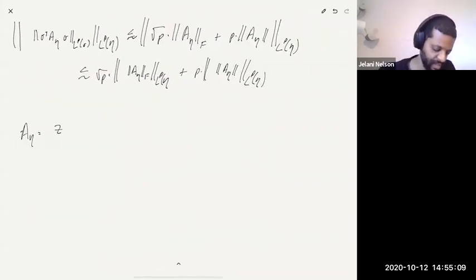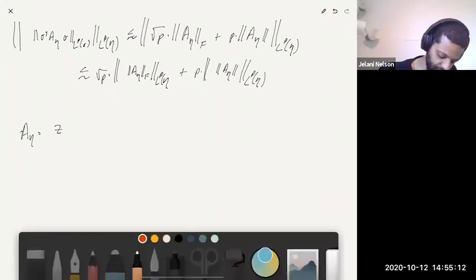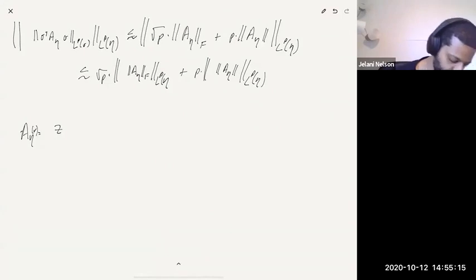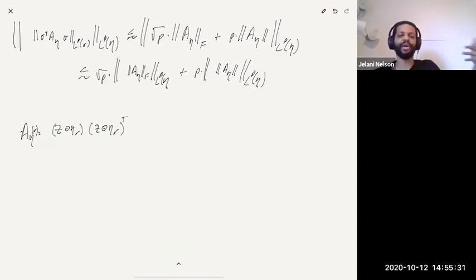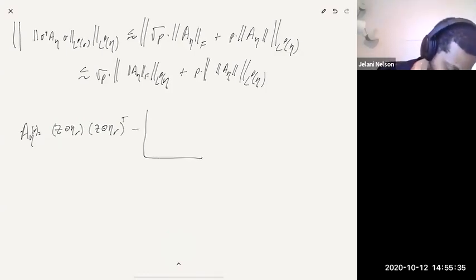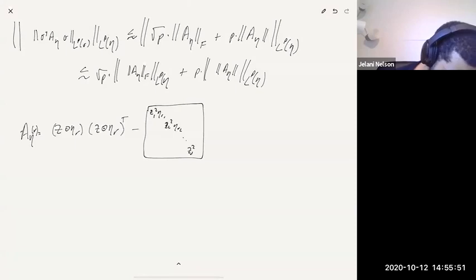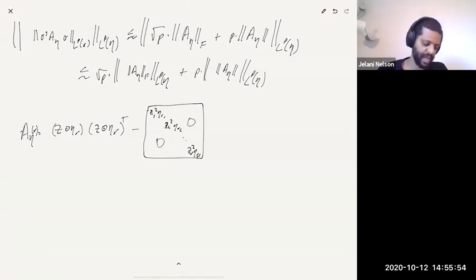A eta R here is equal to Z dotty thing eta R transpose times Z dotty thing eta R. But then you have to subtract off the matrix with all the entries on the diagonal, which here is Z1 squared eta R1, Z2 squared eta R2, all the way to ZD squared eta RD. So this is what A eta R is.